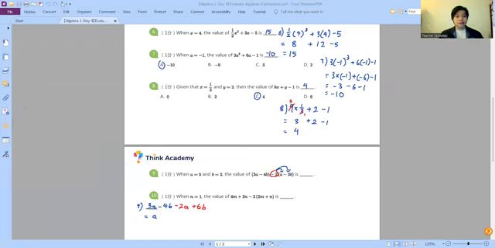Right here and here. Next, minus 4b and plus 6b. That's going to give me 2b plus 2b.